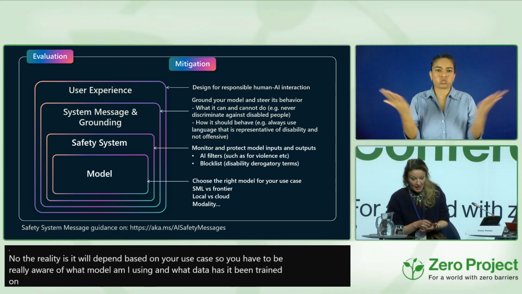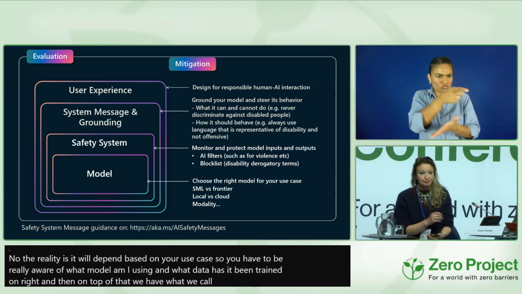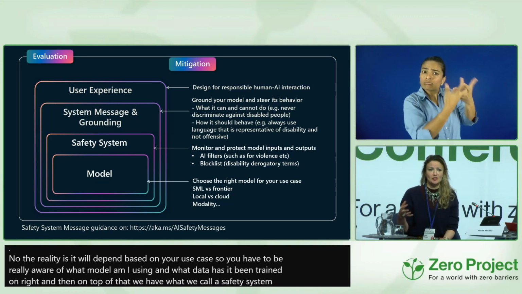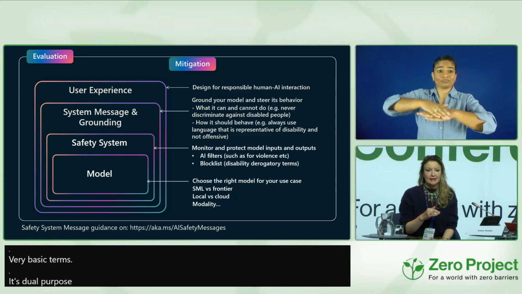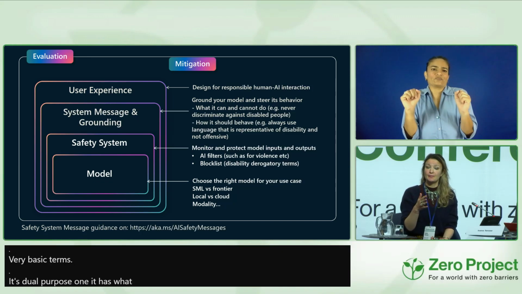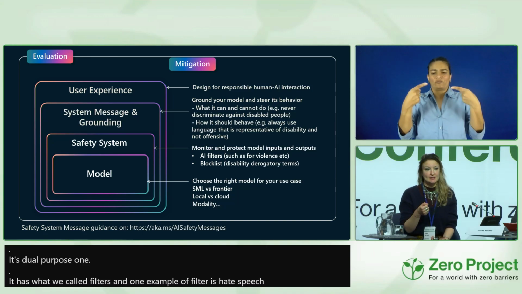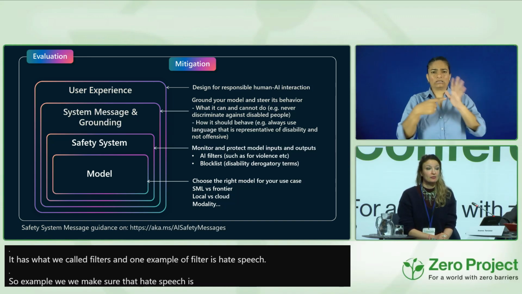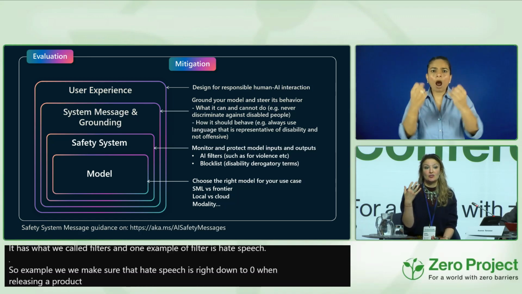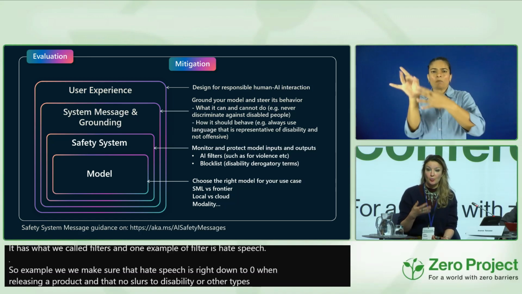And then on top of that, we have what we call a safety system. And in very basic terms, it's dual purpose. One, it has what we call filters. And one example of filter is hate speech. So for example, we make sure that hate speech is right down to zero when releasing a product, and that no slurs to disability or other types of identity are part of that product.